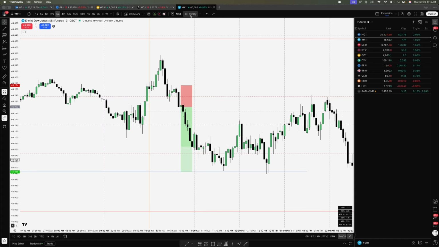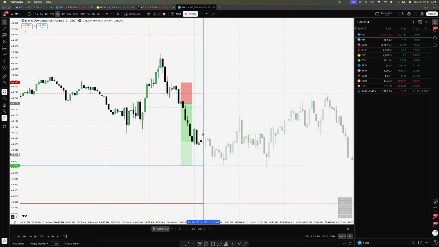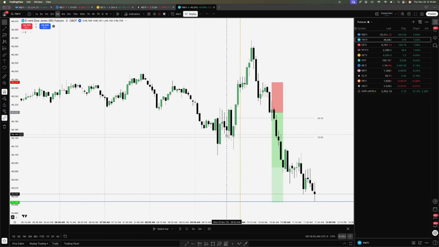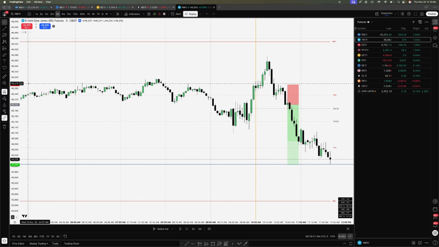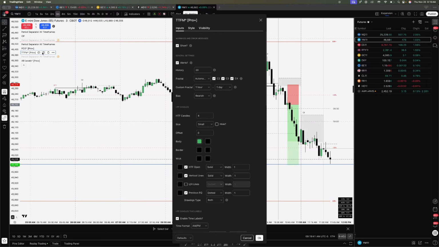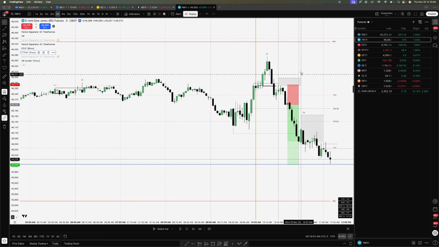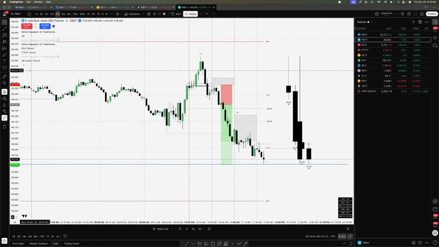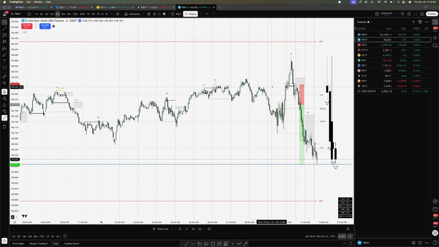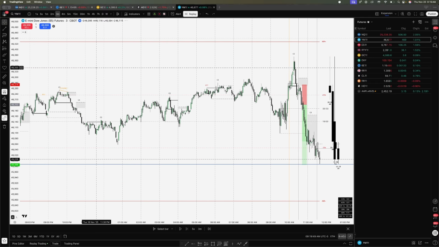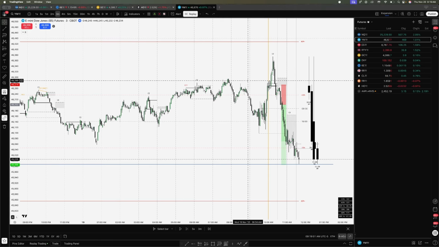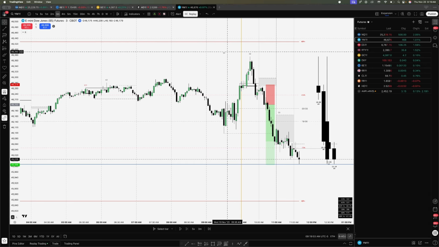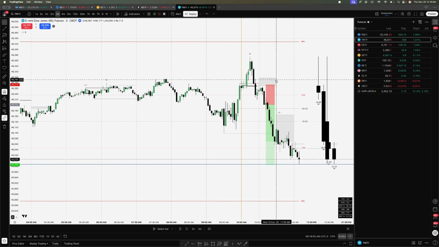Let's go back. Once it loads up. Yeah, this would have been an ideal TTFM. Once everything swept, there was actually a divergence at this high here, because NQ and ES took higher highs than YM did.